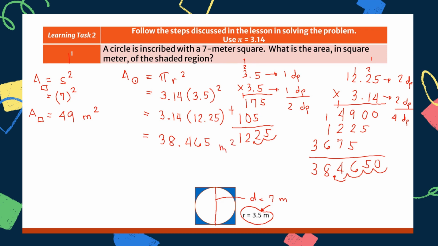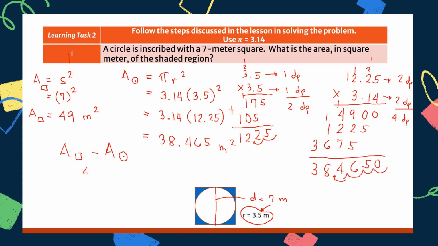At dahil ang tanong ay area of the shaded region, kagaya ng sinabi ko kanina, after getting the area of a square, tapos pagkakuha ng area of a circle, isusubtract natin. So in this case, ang gagawin natin ay area of a square minus the area of a circle para ma-determine natin yung area of the shaded region.